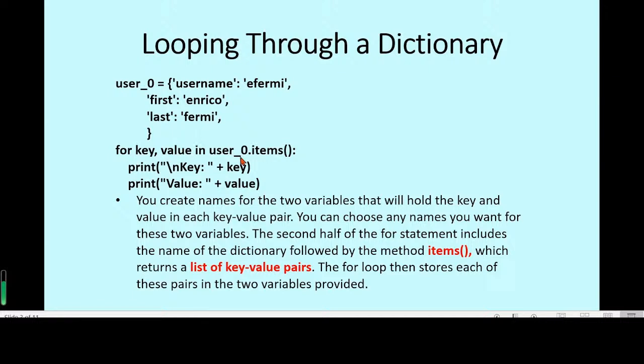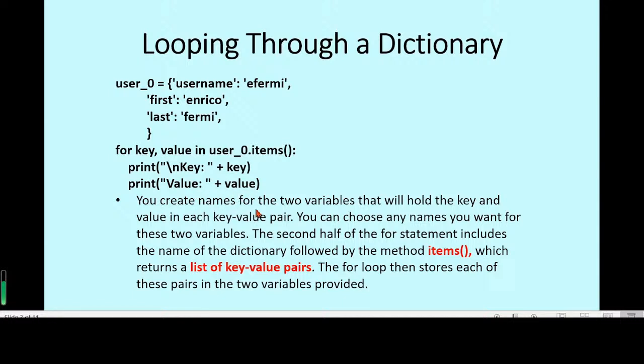Then we can write a for loop: for key, value in user.items(). The items method returns the key-value pairs. Then for each key-value pair, we print the key and its value.